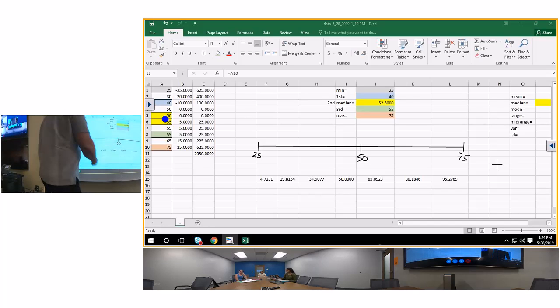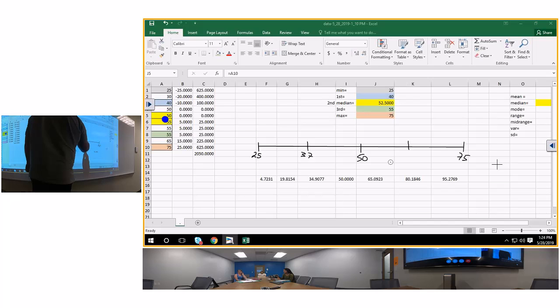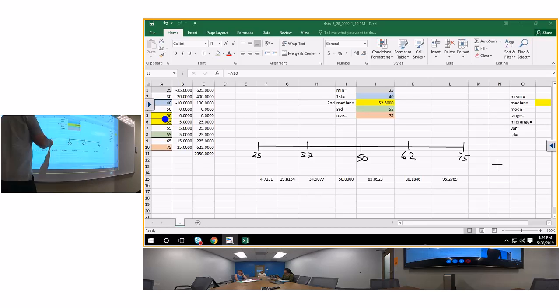Okay, so 25 to 50 is 25. Half of that is 12.5. So 12 here is 62. And then half here is 6.